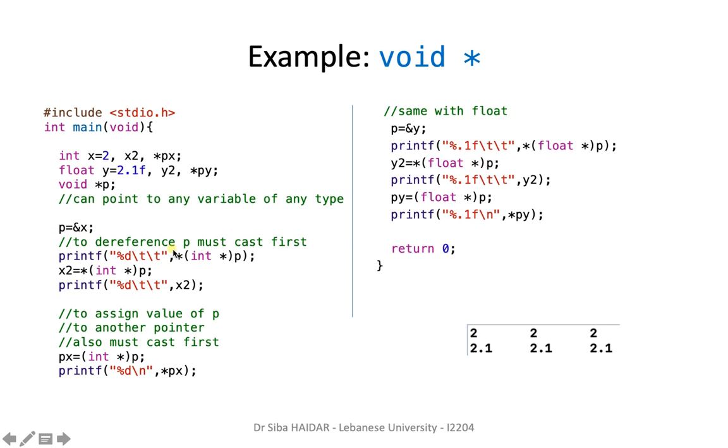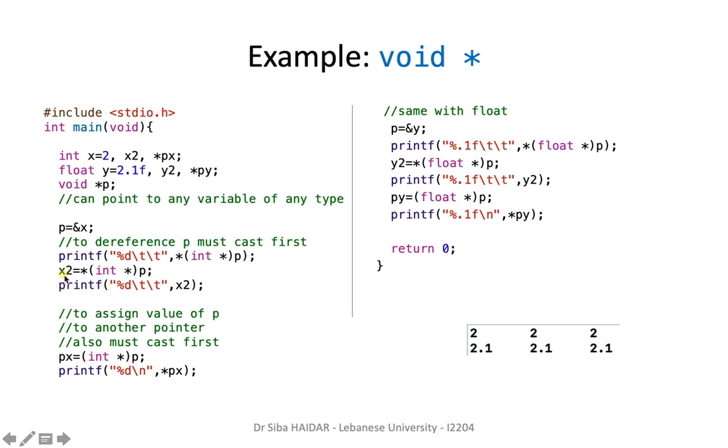To dereference p, we must first cast. So if I want, for example, to print the content of p, I want to tell the compiler that since p is a void star, cast p to int star and then dereference it. So this is printf %d, where %d is the dereference of p, but after casting p to int star.